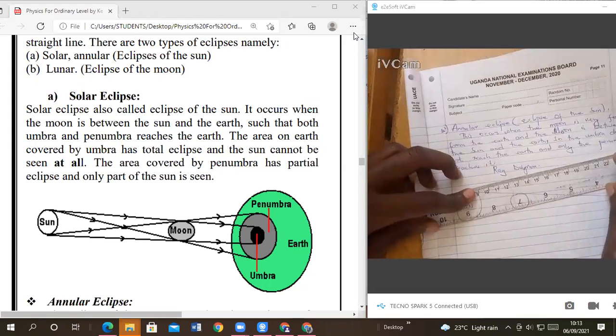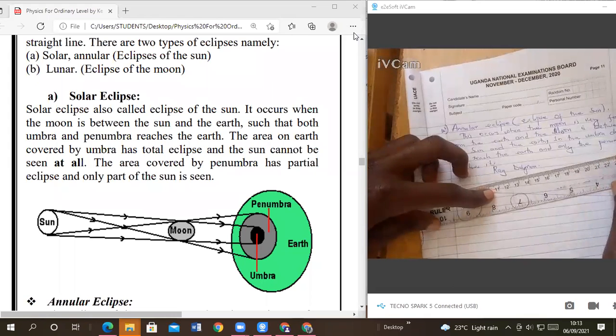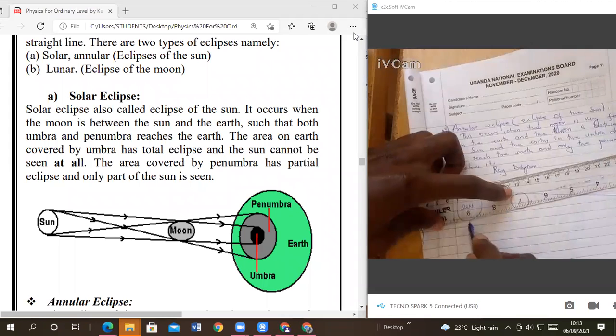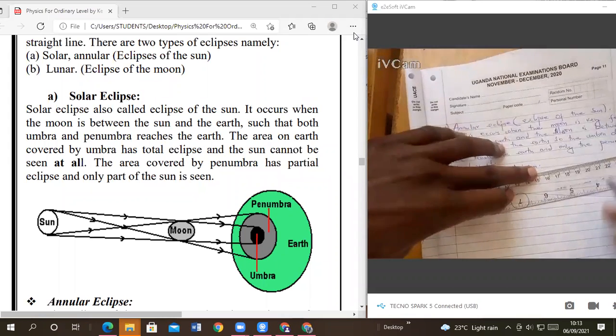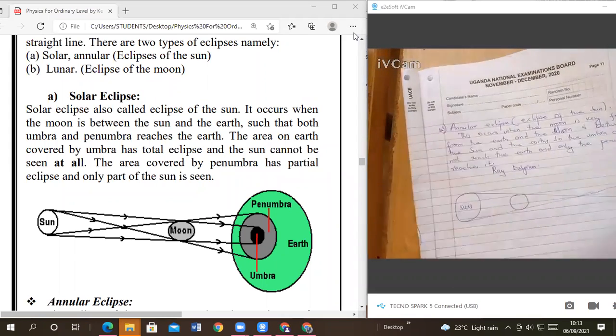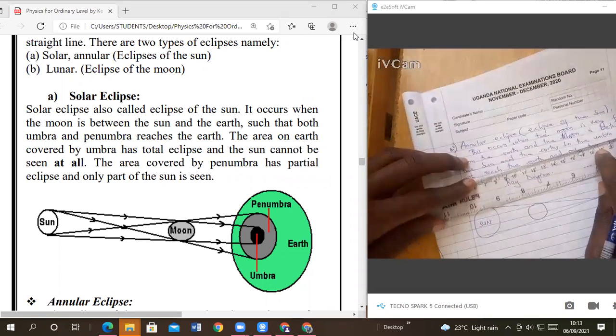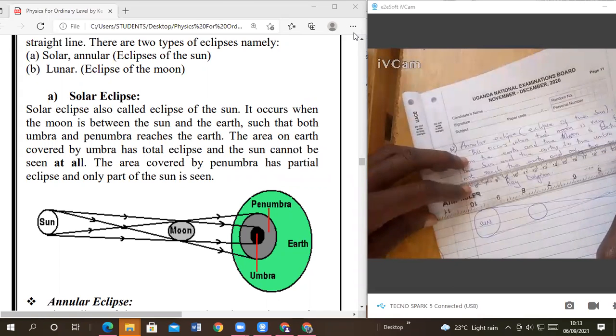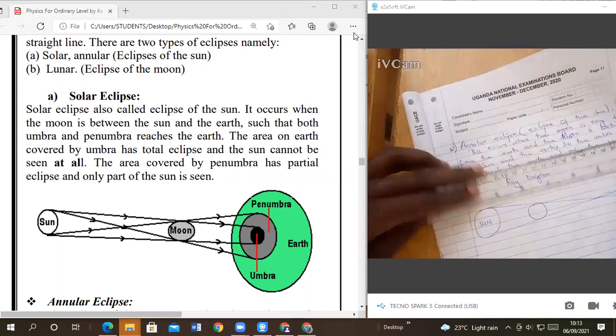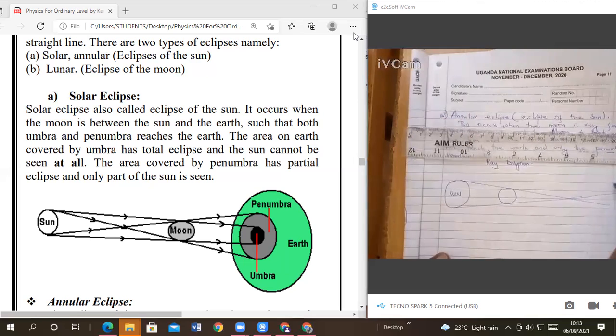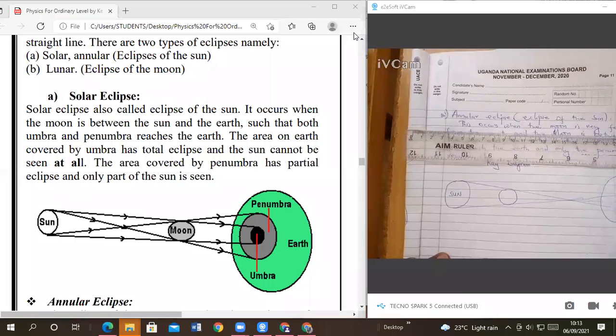Then also another one here, and another one. So here now, let me draw the earth. The earth is here.